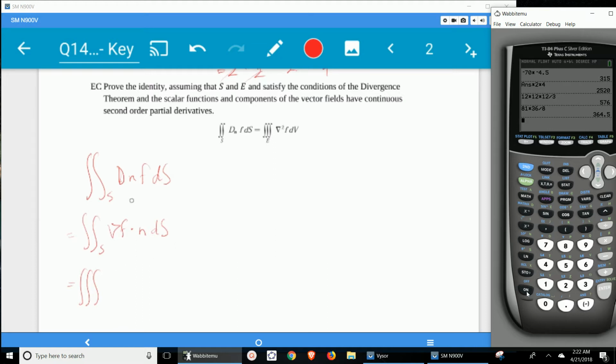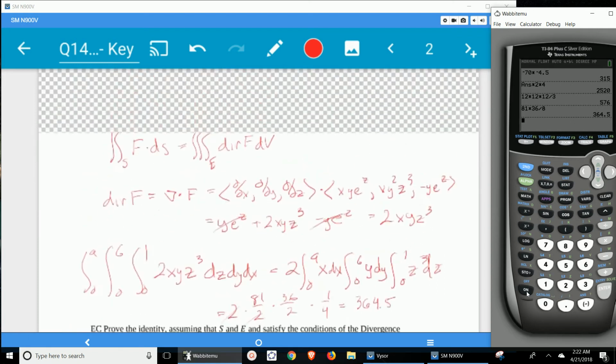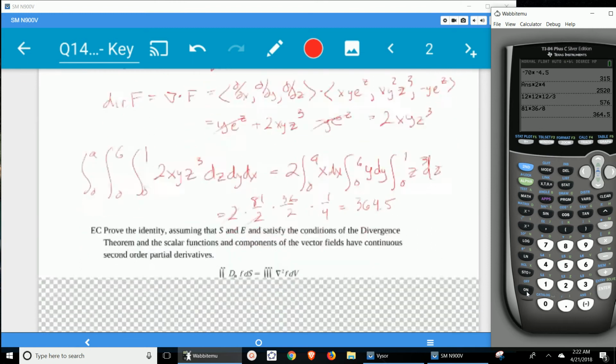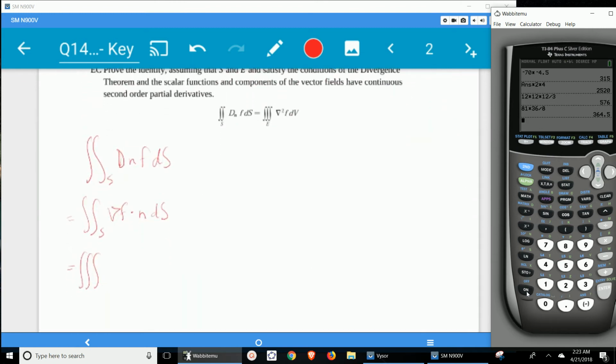Because this thing right here, you know, it's exactly when the divergence theorem kicks in. It's the same as this kind of thing. So, okay, it would be the divergence then of the vector field then over the volume.